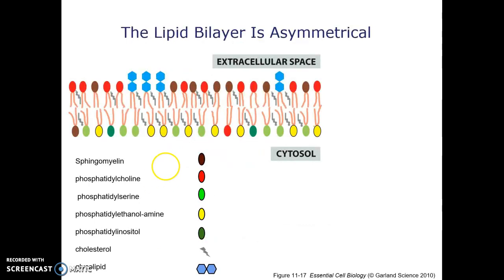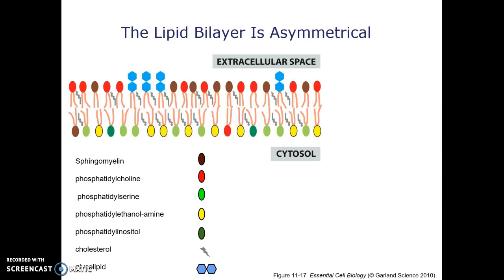Like I said, there's going to be more than one kind of head group, and in this case, the inner leaflet and the outer leaflet are not identical. The outer leaflet, the one that's exposed to the extracellular space, is going to be rich in sphingomyelin and phosphatidylcholine, and the glycolipids, whereas the inner leaflet is going to be much more rich in phosphatidylserine and phosphatidylethanolamine and phosphatidylinositol.